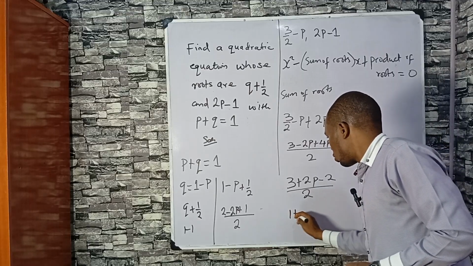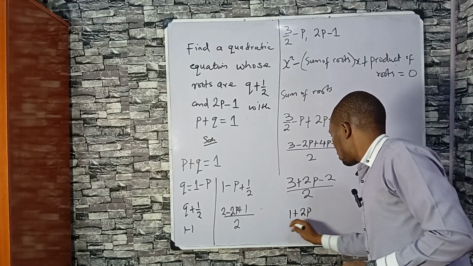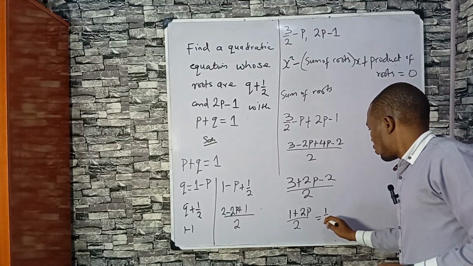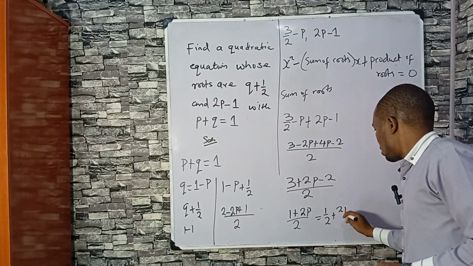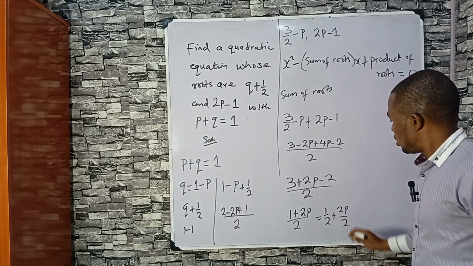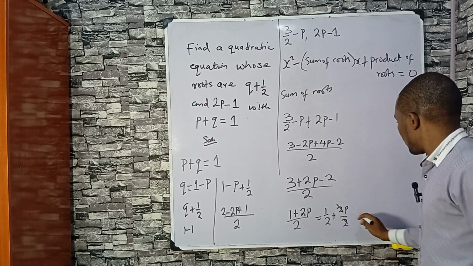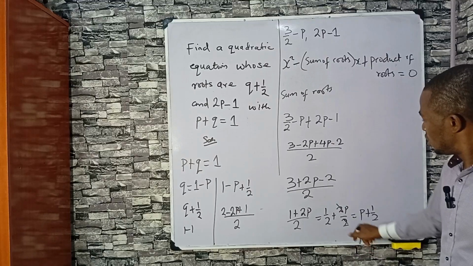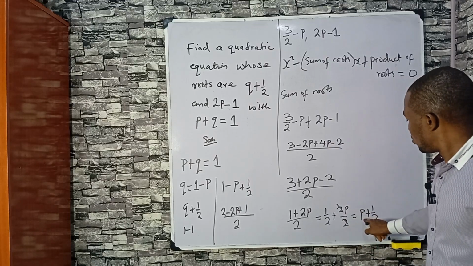So 1 plus 2p divided by 2. We can split this to be 1 over 2 plus 2p divided by 2. This can cancel, so we have p plus a half.